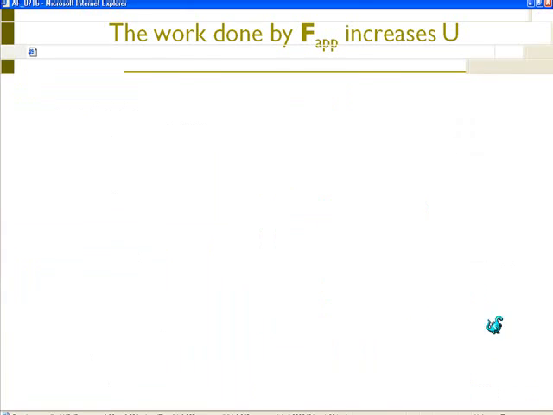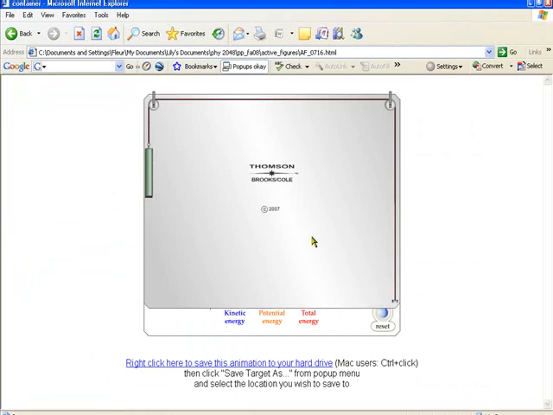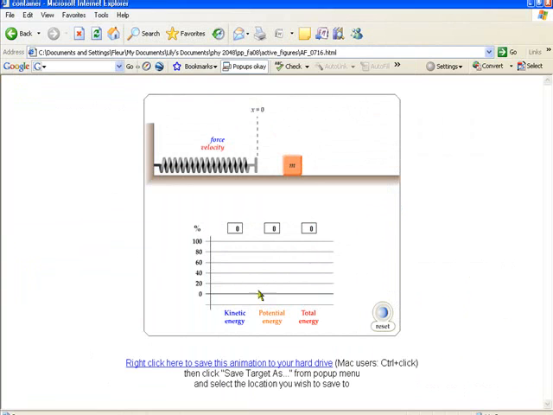The same is true for the spring and the block. We consider the potential energy of the spring-block system as well as its kinetic energy in the case where we compress the spring or allow the spring to extend.